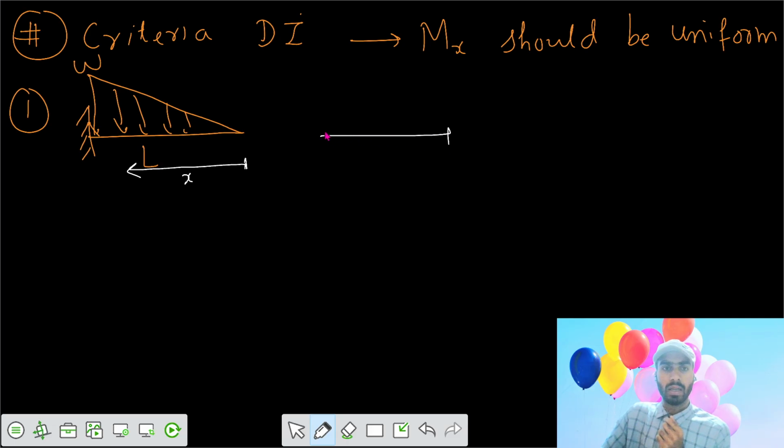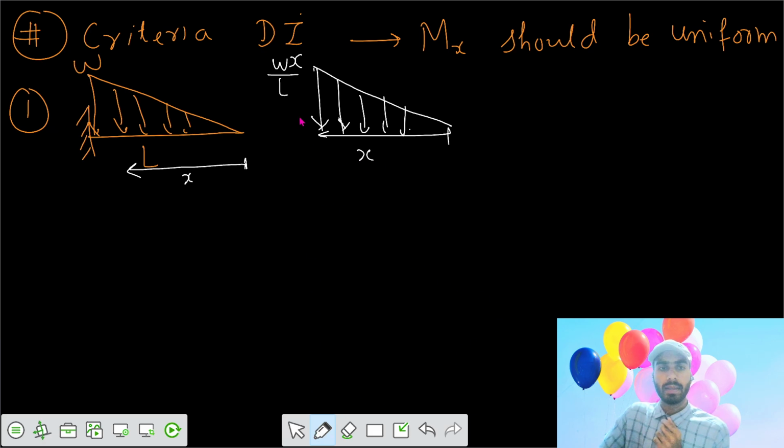Let the intensity here be W dash. That equals W in length L, but for the x length we get Wx by L. This is the intensity of the loading, and this is your x. Let's say the shear force here is V, and the moment generated here is Mx. We don't care about the shear force V. We are worried about the moment at x.